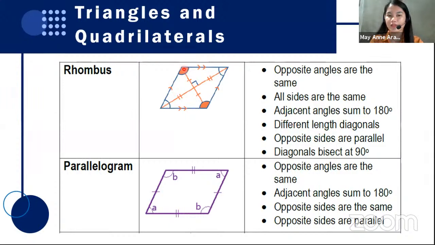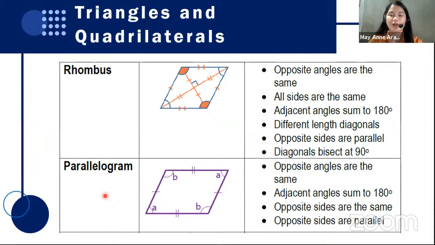So meaning the measure of this and the measure of this is equal to 180 degrees. Different length diagonals, okay? The length of this is not equal to the length of the other diagonal. And also, diagonals bisect at 90 degrees. And again, opposite sides are parallel. So this one is parallel to this. And also, this side is parallel to this side.